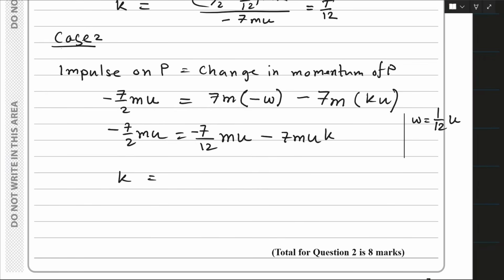Now if we simplify, we find the value of k as minus 7 by 2 plus 7 by 12 mu divided by minus 7 mu. Again, from the calculator, we see that this is equal to 5 by 12.